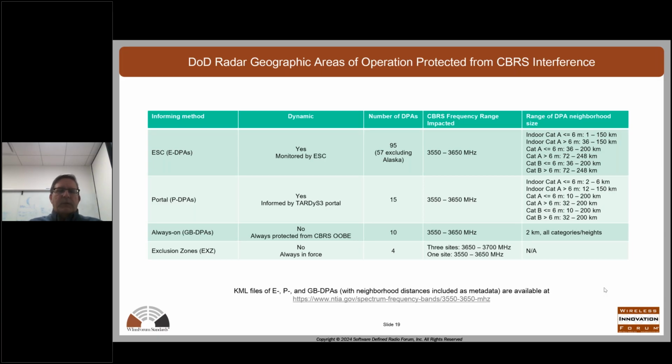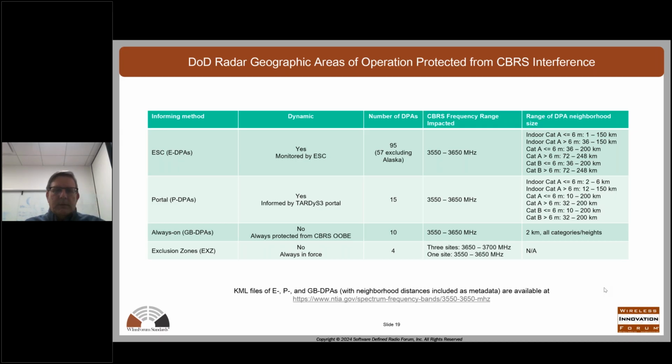This is just a summary table for easier reference of the 4 different dynamic protection areas that we protect. Again, they're the ESC monitored DPAs, which we call EDPAs. There's the portal monitored DPAs, which we call PDPAs. There's the always on ground-based DPAs we call GB DPAs, and there's the exclusion zone, the EXEs. And these are not secrets.